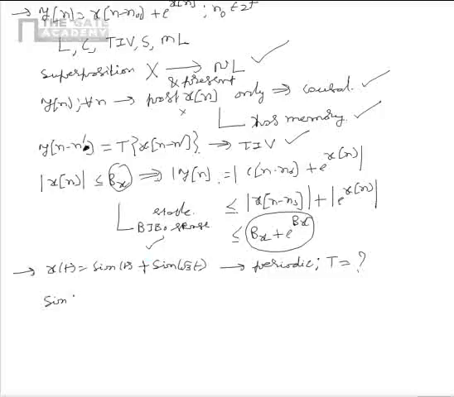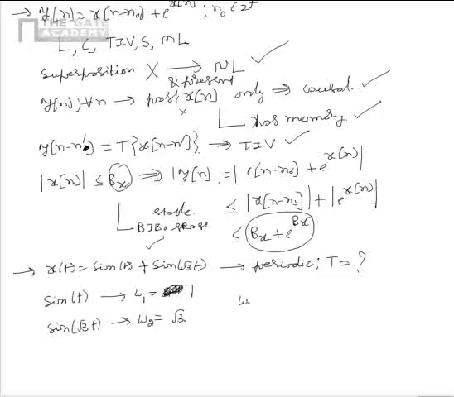We see that the given signal x of t has two subsignals. The first signal is sine t, and the second signal is sine root 3 t. Sorry, the first signal is at an angular frequency of 1, the second signal is at an angular frequency of root 3.